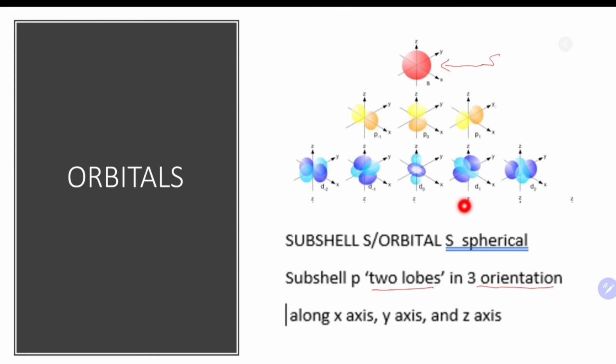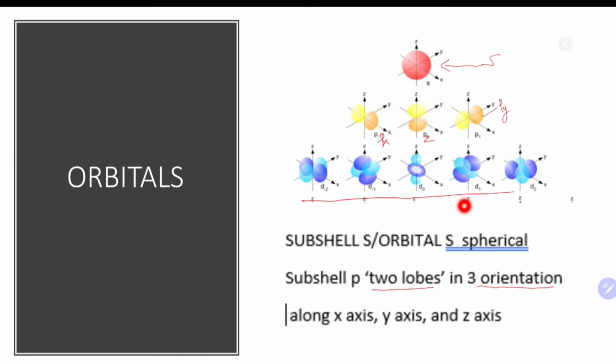This one is in axis y, so this is orbital py. This one is in axis z, so this is orbital pz. This one is in axis x, so here is the orbital px.